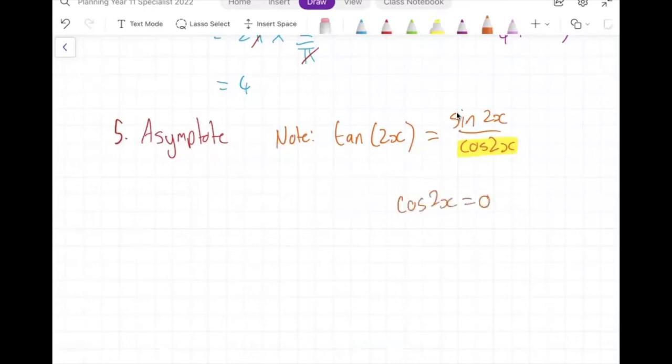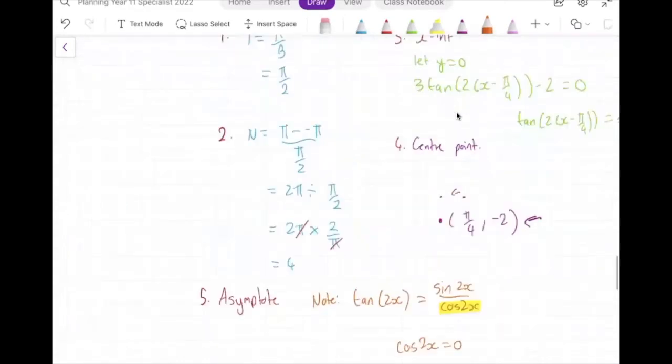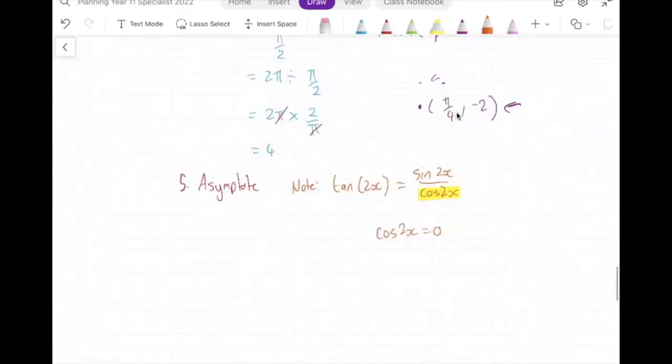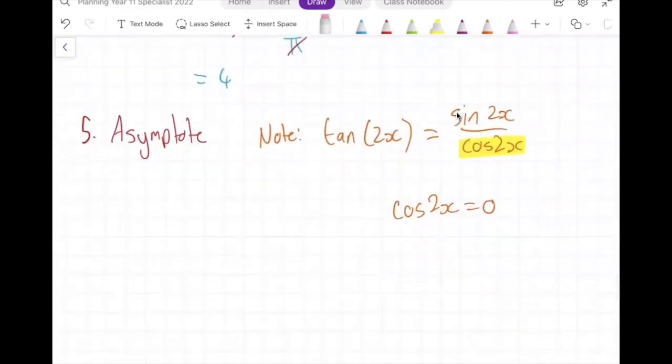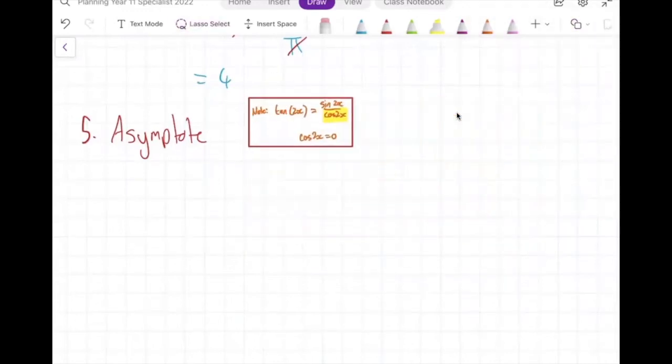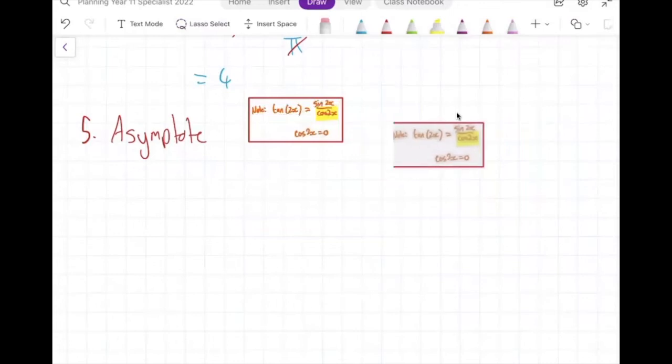That may be, for simple angles, an easier way to find your asymptotes. However, for this question, because it's a little bit more complex, we have a 2 outside of x minus pi on 4. There's another way we can go about solving for this. But I just want to put this in a little box to say, hey, this can be an easier way to go about it depending on the questions. Let's put that little note over here in the corner.